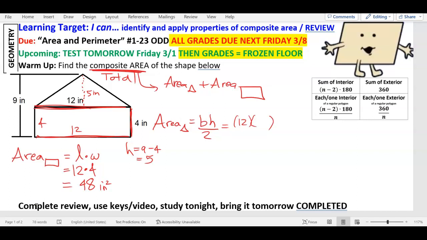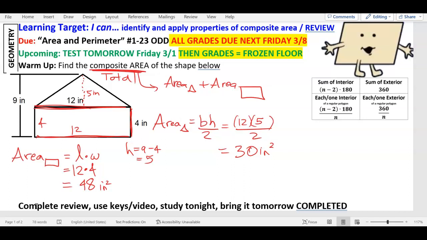So really, base times height divided by 2 is 12 times 5 divided by 2. Well, what's 12 times 5 divided by 2? 12 times 5 is 60, divided by 2 is 30 inches squared. If you stop here, I still don't have the right answer, because I'm not just finding the bottom rectangle.